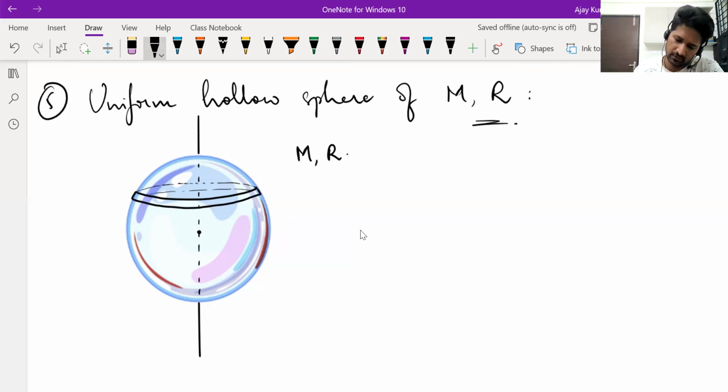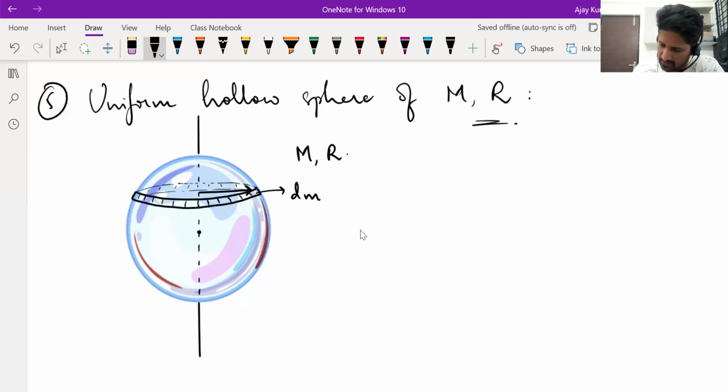Okay. And mass is there only on its surface. It's an areal mass distribution. This is the mass dm, and it's in the shape of a ring. And the given axis, which is a line passing through the center of the sphere, becomes the own axis of the ring also.